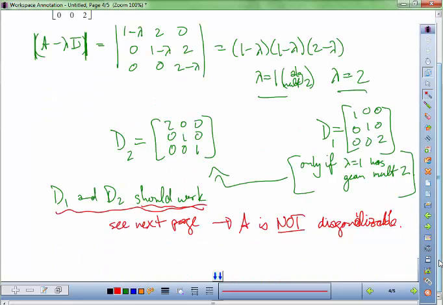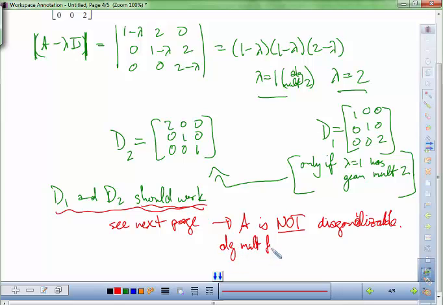It's not diagonalizable because algebraic multiplicity for lambda 1, which is equal to 1, is not equal to, I'm sorry, algebraic multiplicity is equal to 2, and it's not equal to the geometric multiplicity.